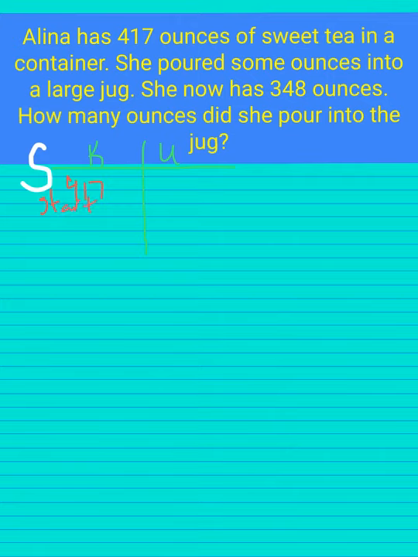This time, she poured some ounces into a large jug. We don't know the change. But we know that now she has 348 ounces, meaning we know the result already.